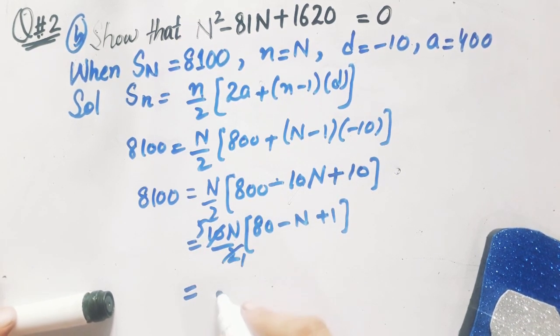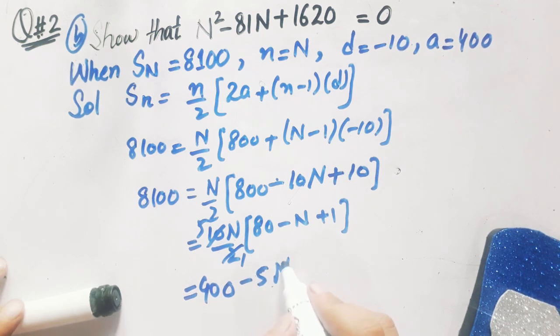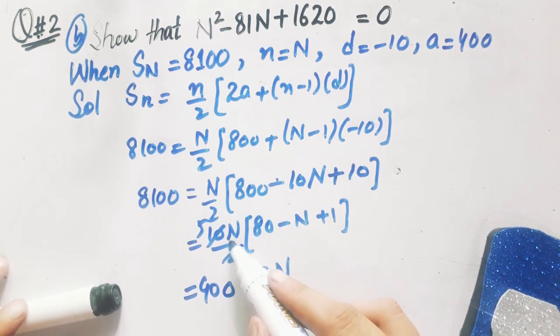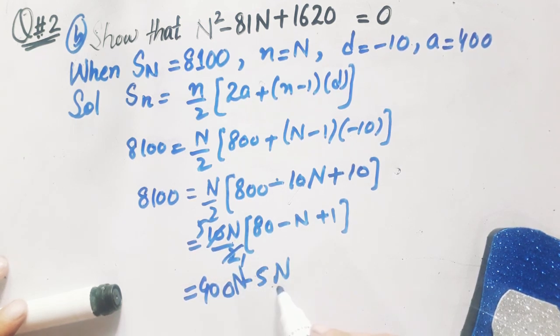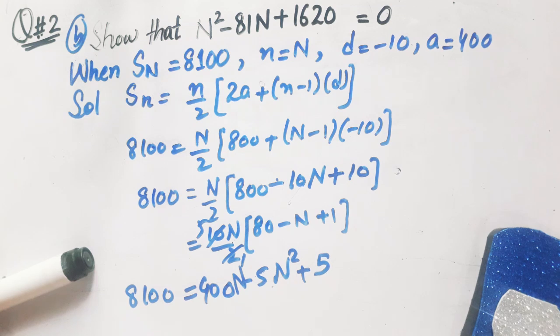So 5n multiply 80 is 400, 5 multiply n is minus 5n, and then n multiply n, so 400n minus 5n square, 5 multiply 1 is plus 5, and here we have 8100.